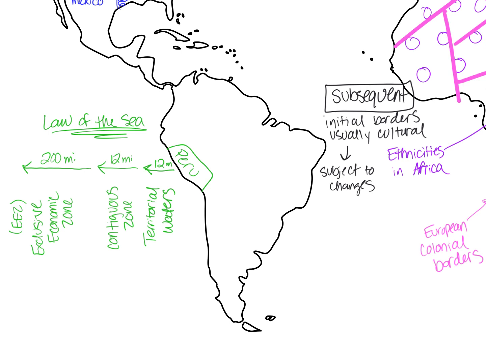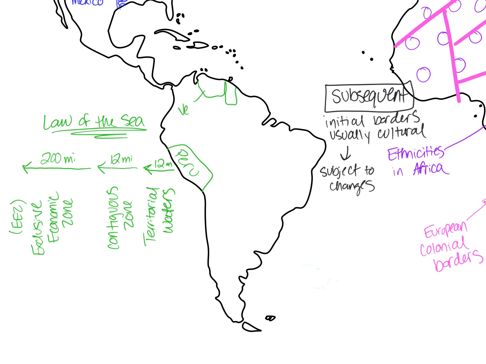Okay. So this can be contentious when there are resources that countries want. After watching those videos, we need to label what those examples were from Law of the Sea conflicts. We looked at that one here in South America of Venezuela and Guyana.